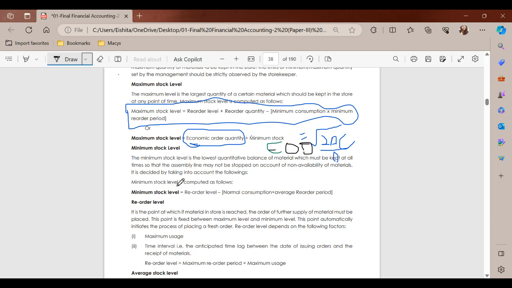It is decided by taking into account the following. Minimum stock is calculated as follows: reorder level minus normal consumption into average reorder period. ये भी formula you should remember by heart.